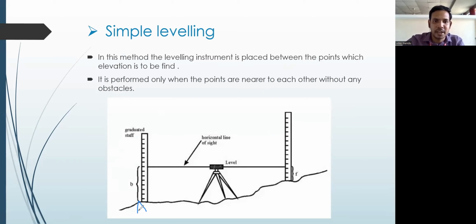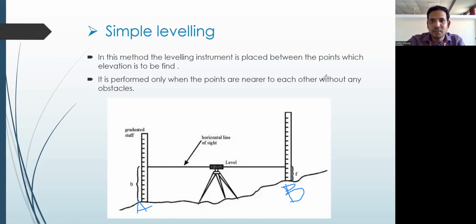This is point A and this is point B. If you want to get the difference of elevation between these 2 points A and B, simple leveling is used only when the 2 points are near to each other. If they are far away from each other, we can't go with simple leveling.